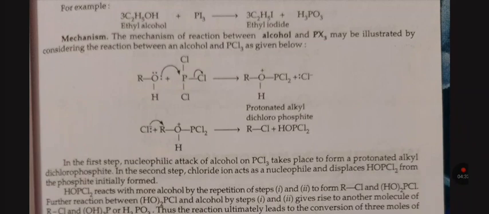Mechanism. The mechanism of the reaction between alcohol and PX3 may be elucidated by considering the reaction between an alcohol and PCl3 as given below. We have taken an alcohol and PCl3. One Cl will move out when O attacks P, and we will get ROPCl2 with hydrogen attached on O. That is protonated alkyl dichlorophosphate.